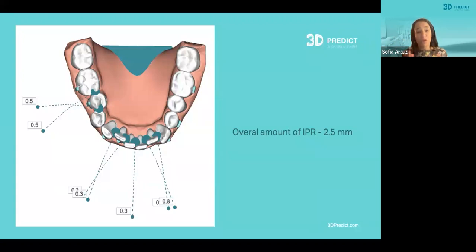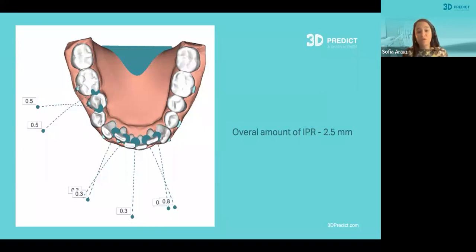If expansion is not enough via angulation, then they do bodily expansion of the teeth. If that's not enough, then they go and analyze Ponce index, which is a way of analyzing space. I think some of you may remember that from dental school. And then if there's a discrepancy in the size of those teeth and there's still not enough space, that's when we actually add the IPR.